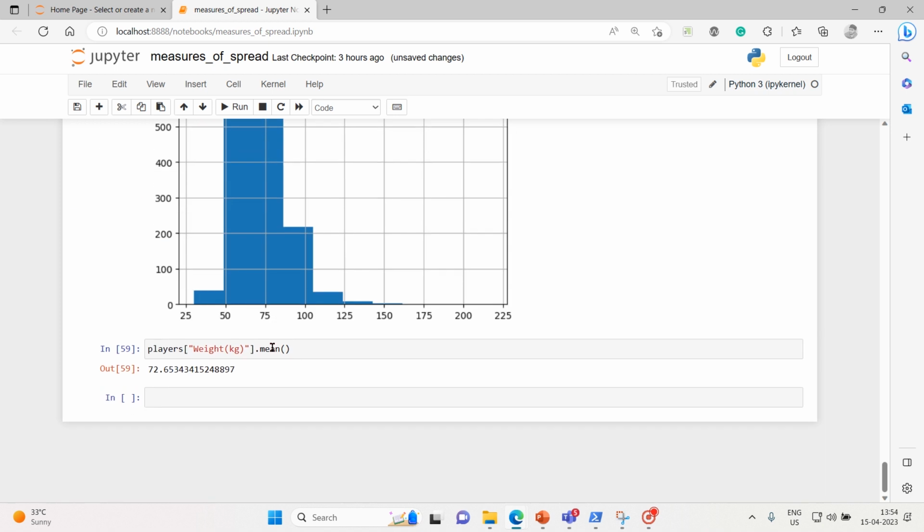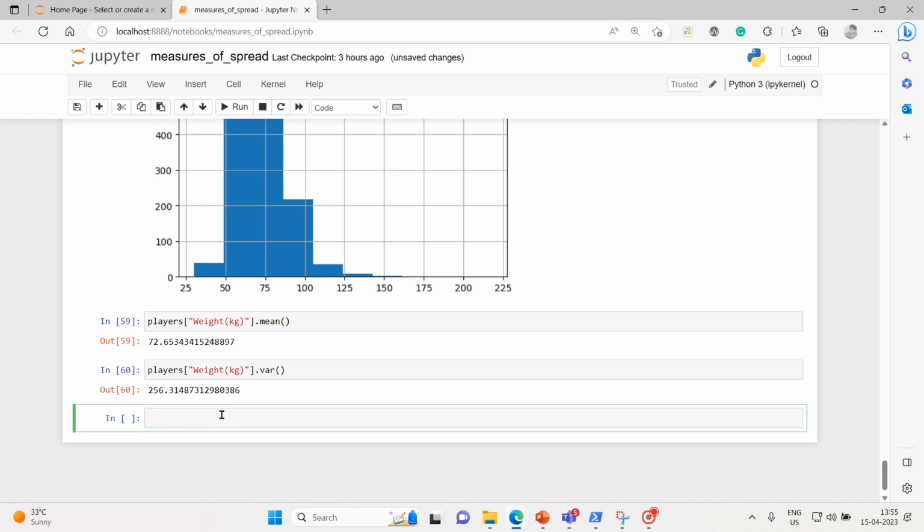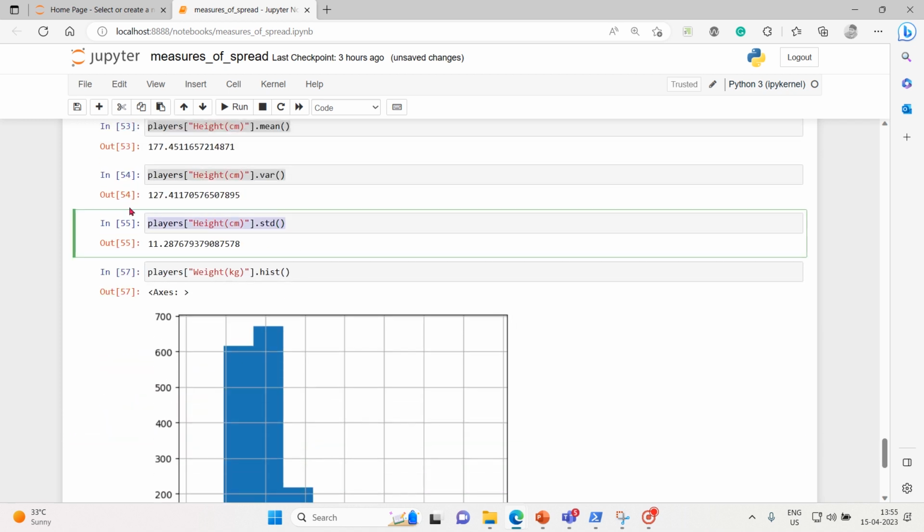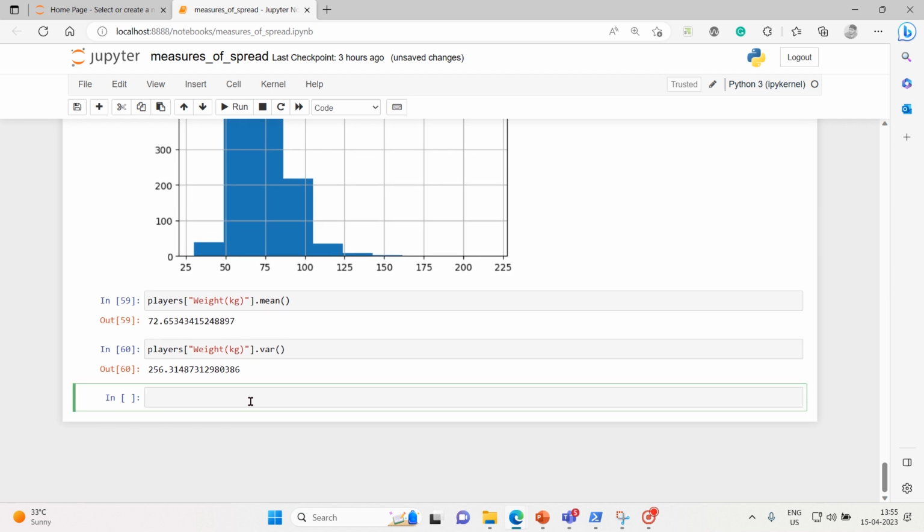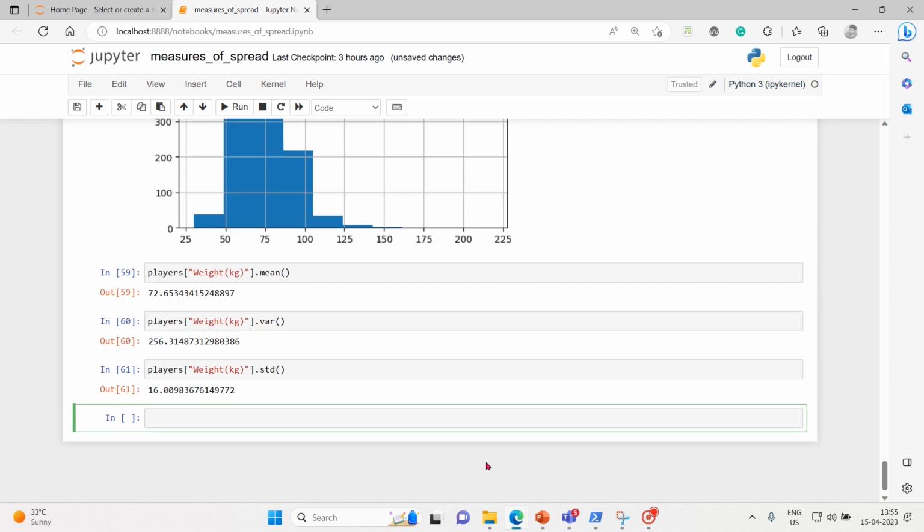Then let me go for the variance. Variance is 256.31. Finally, let me go for the standard deviation. It's 16.0 kg. So on average, the weight difference between each soccer player is 16.001 kg approximately.